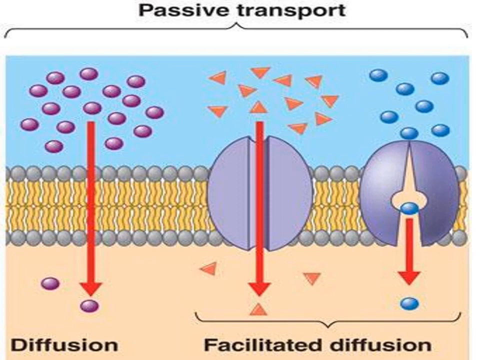And you can see here between the plasma membrane these carrier proteins are present, and these are taking these molecules from one side of plasma membrane, and these are transported to the other side of plasma membrane. So such type of transport is called facilitated diffusion. There is no need of energy, no expenditure of energy in facilitated diffusion also, like that of simple diffusion, but there is a requirement of carrier proteins.